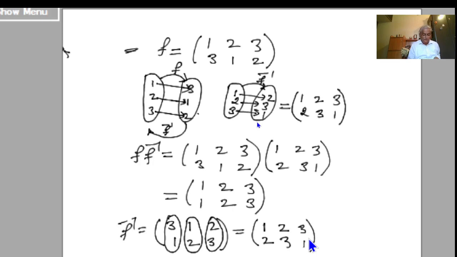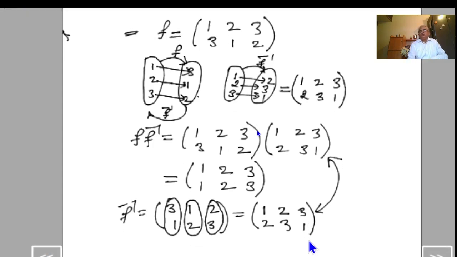That is, first row 1, 2, 3, second row 2, 3, 1. So this is our F inverse, right? So that is how to write the inverse of a permutation. First step is just to interchange the rows. Then write the columns in order such that the first row is in ascending order.